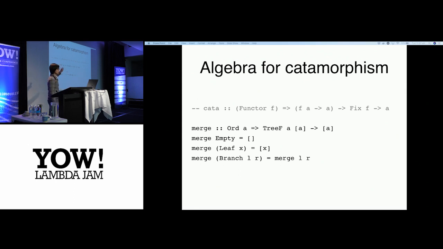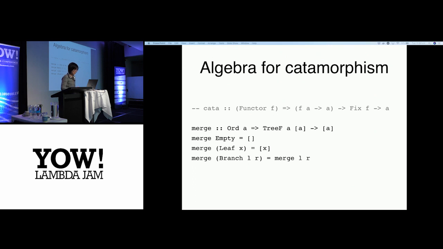And we use the same functor, 3F of A, and just do the reverse thing. If it's empty, it's an empty list. If it's one item, it's just a list of one item. And if it's a branch, I use the Haskell function merge. That means the two lists can be merged in ascending order.